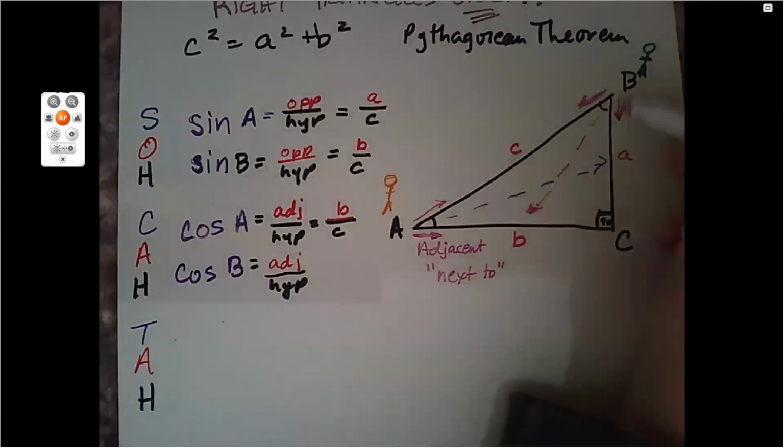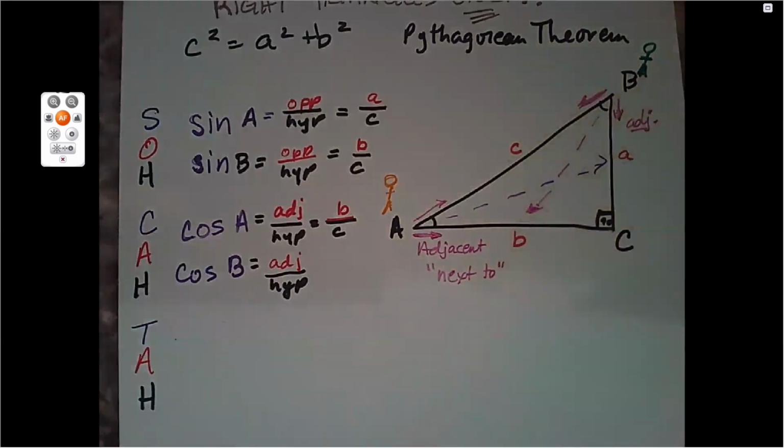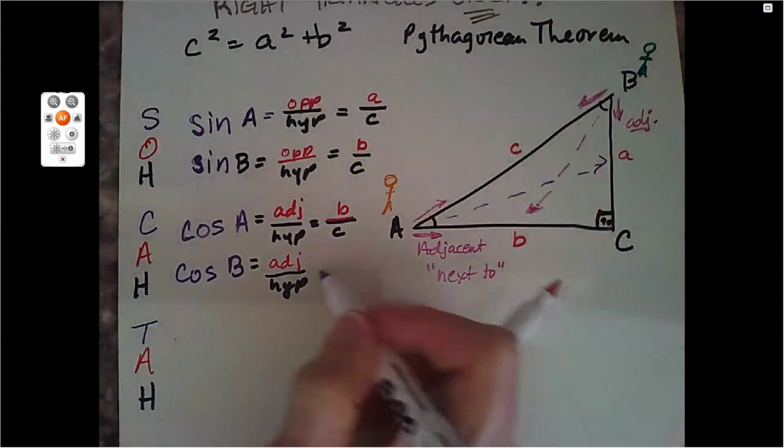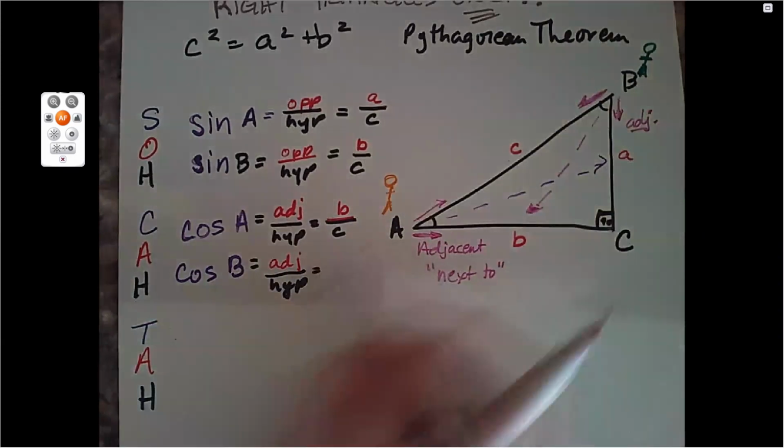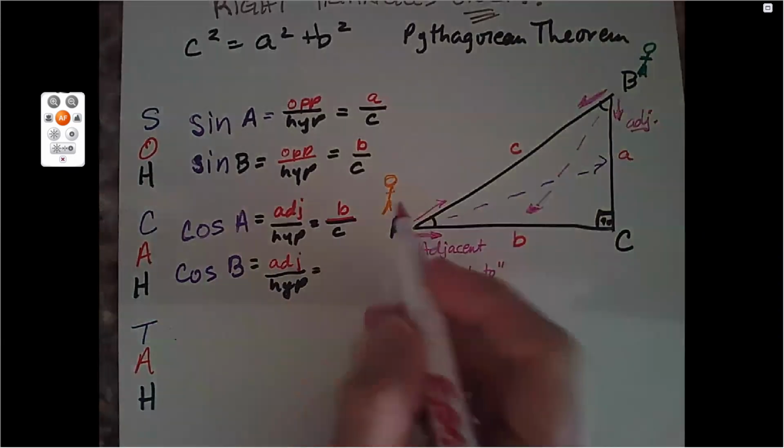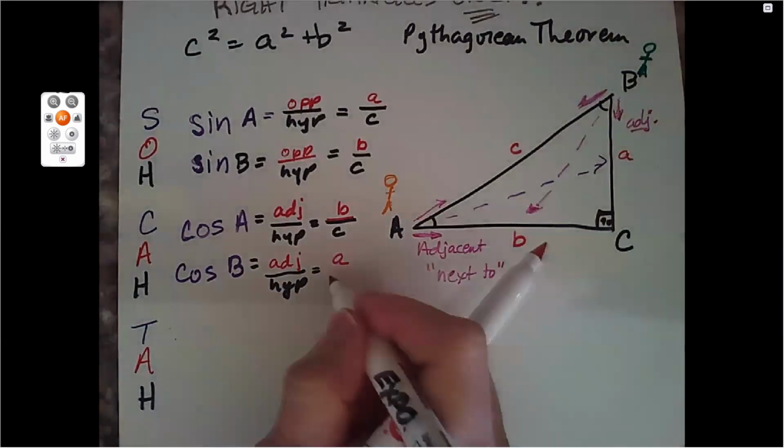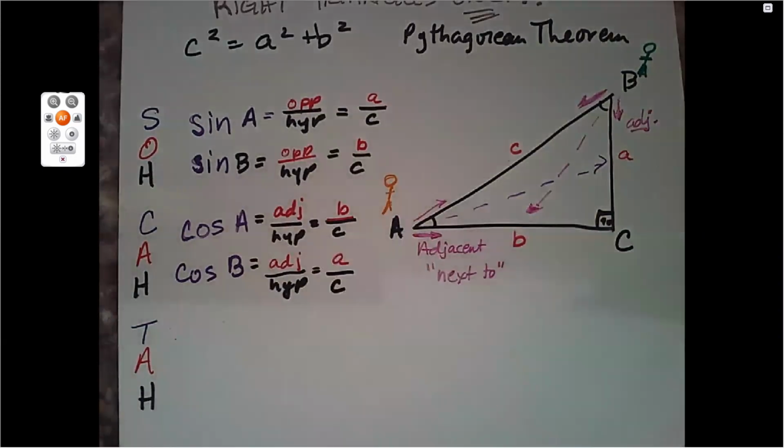So that means that this side here is my adjacent side from the perspective of angle B. So if I come back here to my cosine, that means that my adjacent side is little a. So I have A over the hypotenuse, which is C. All right.